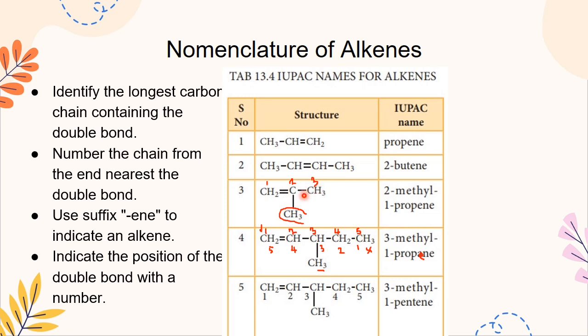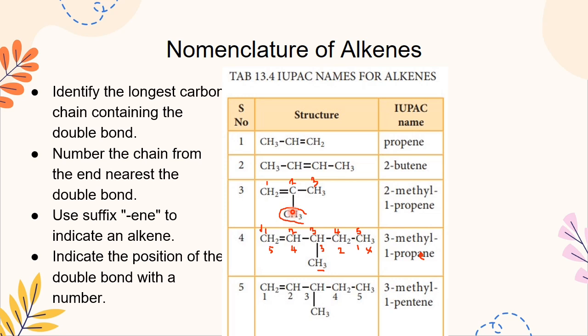Now, if I look at it from this angle, we have C and CH3. That's just 2 carbons. So my longest chain will be CH2, C, and CH3, not C, CH3. Okay? Number the chain from the end nearest the double bond.